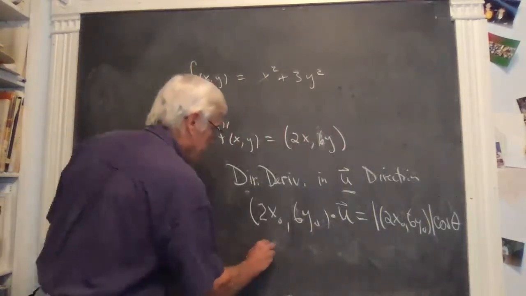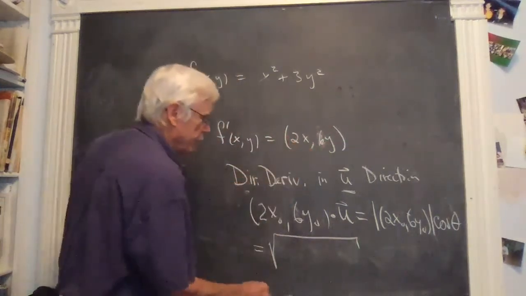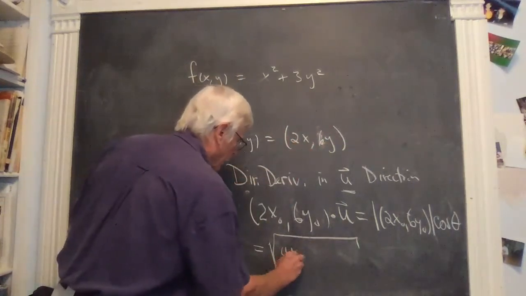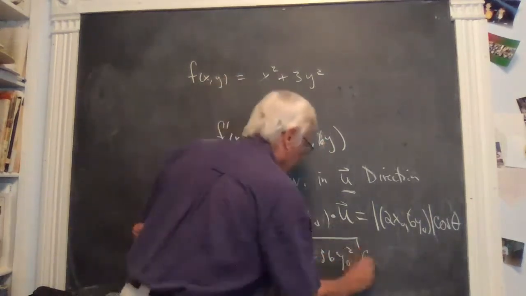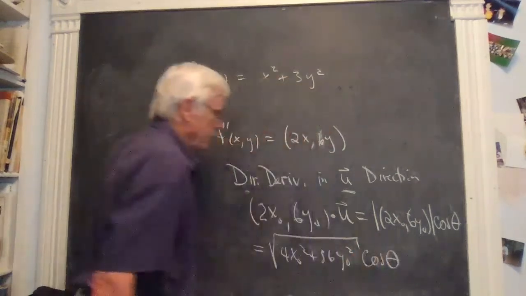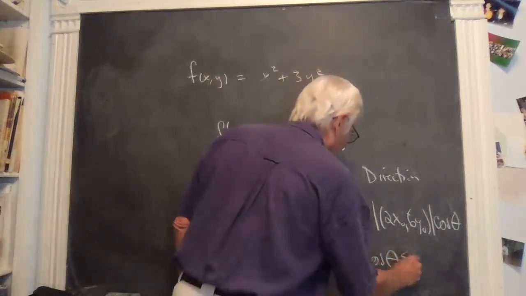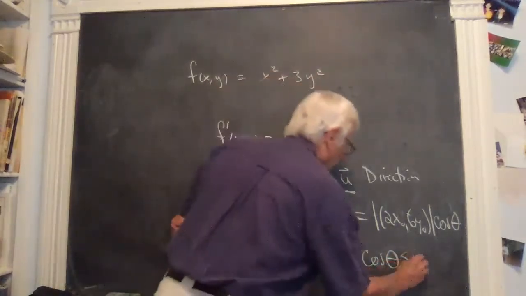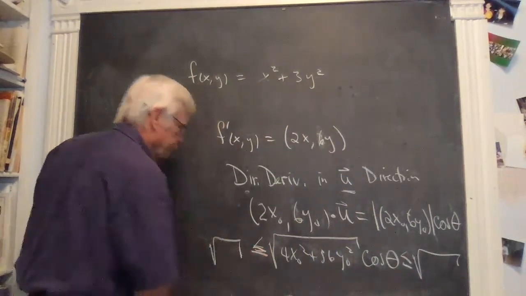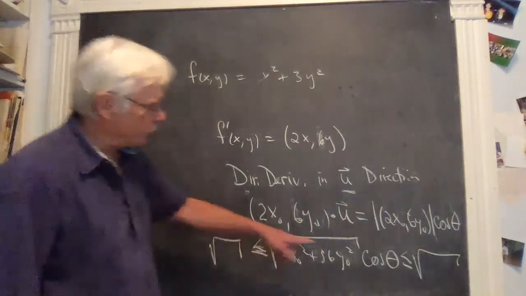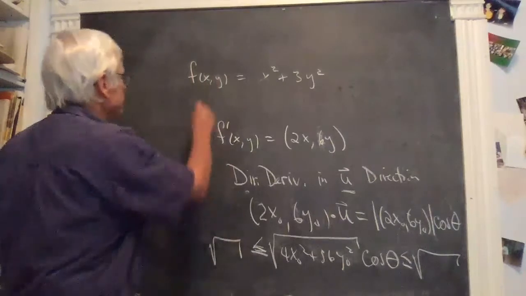And this length is just the Pythagorean theorem. It is the length of the derivative, which is the square root of 4x naught squared plus 36y naught squared, times the cosine of theta. But theta is between 0 and 2 pi. The cosine is between 1 and minus 1. So this is less than or equal to the square root, and it's bigger than or equal to the negative square root. And it's maximum when the cosine is 1, so it's maximum when theta is 0.